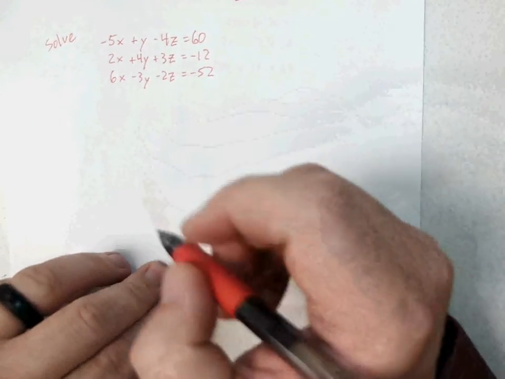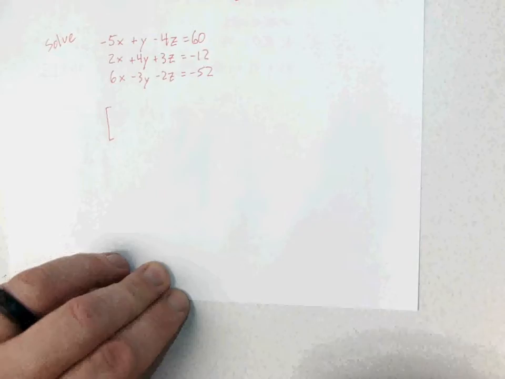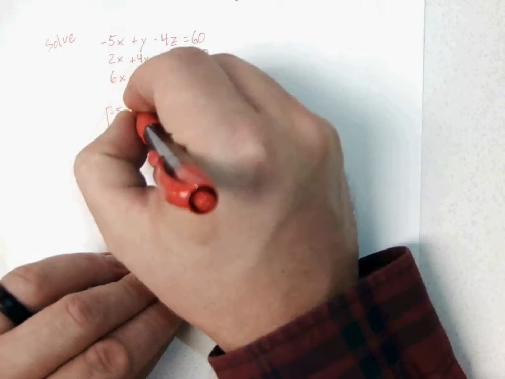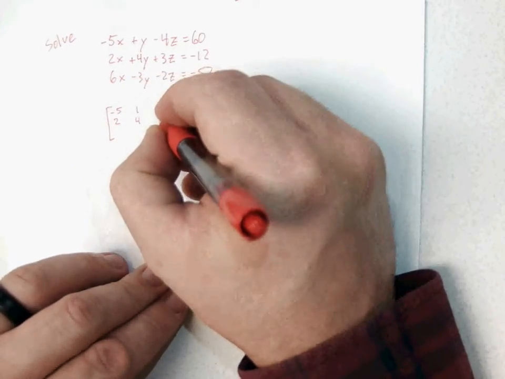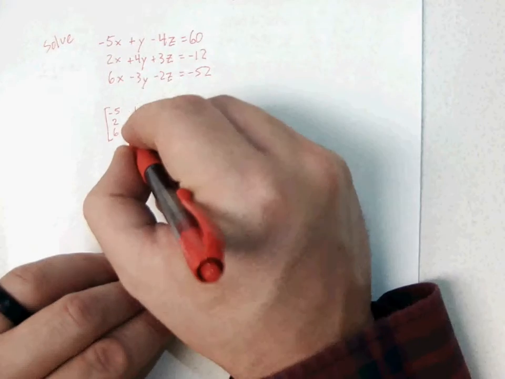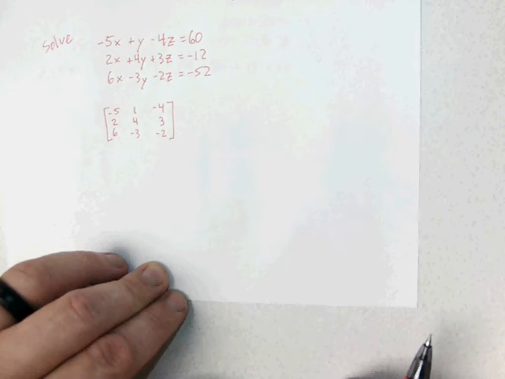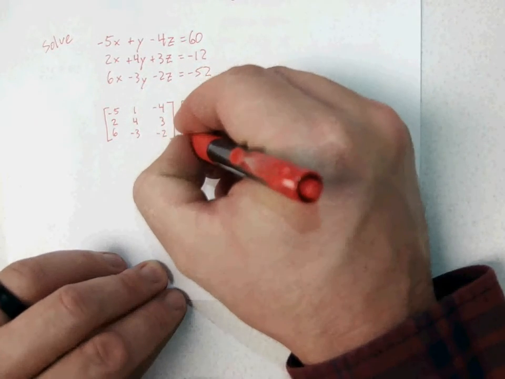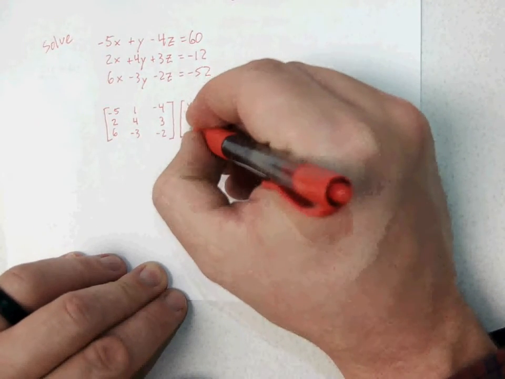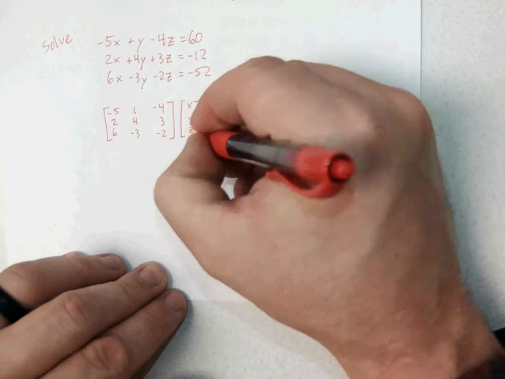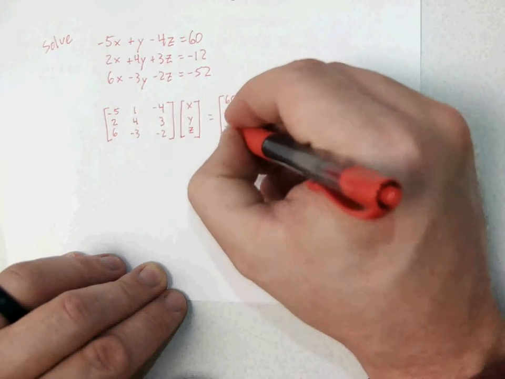So, here's what we're going to do. Set up a coefficient matrix. The first row was -5, 1, and -4. Second row was 2, 4, and 3, and my third row was 6, -3, and -2. Those are my coefficients. Make sure they were all in the same order, x, y, z. I did verify that first, I just didn't mention it. So my variable matrix will have x on the top, y in the second row, z on the third row, and then my answer will have a 60, a -12, and a -52.